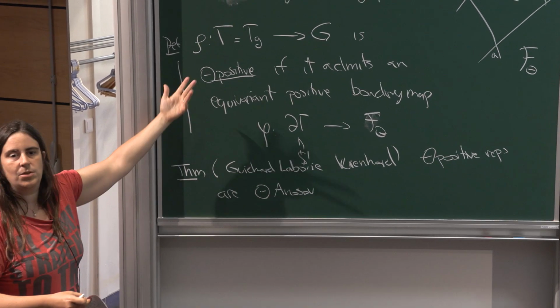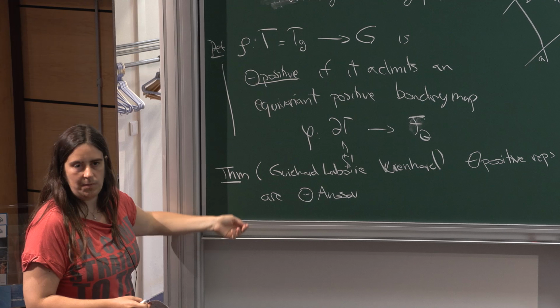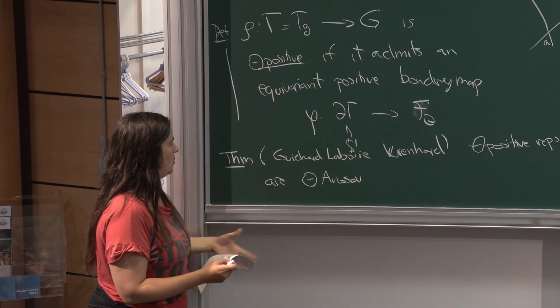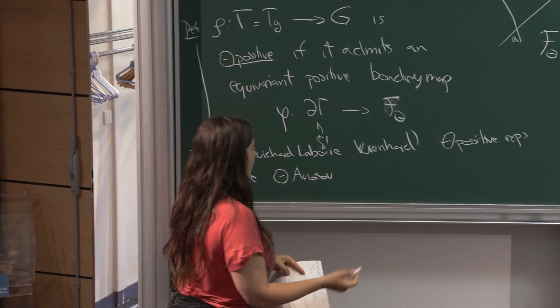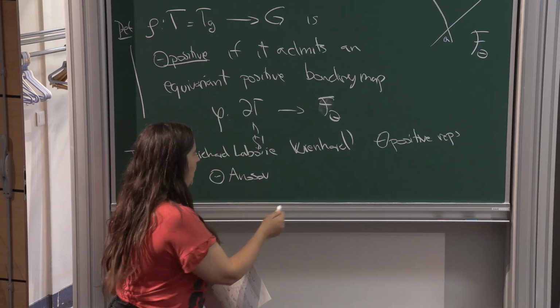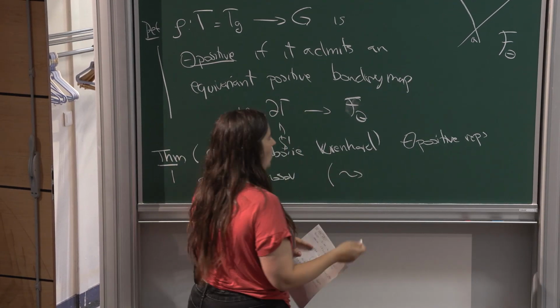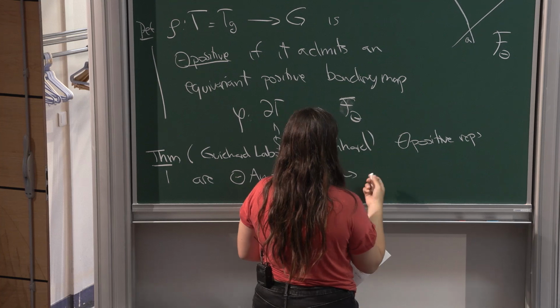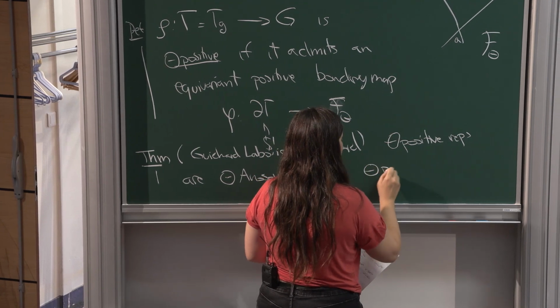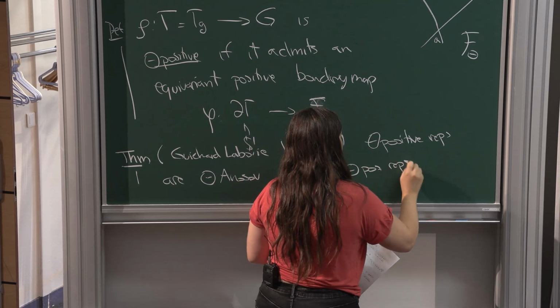So this thing is continuous, transverse and dynamics preserving. And that's the boundary map for Anosov representations. And from here, it's not so hard to show that this implies that theta positive representations are open.